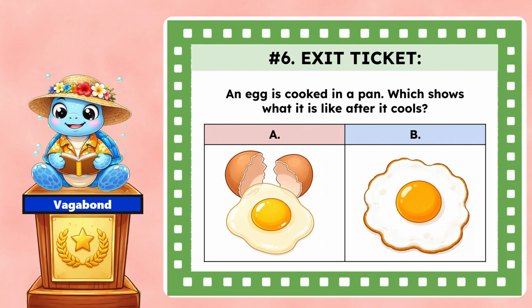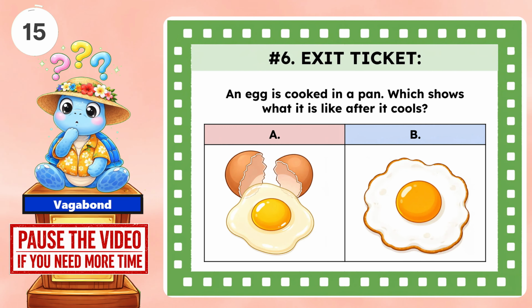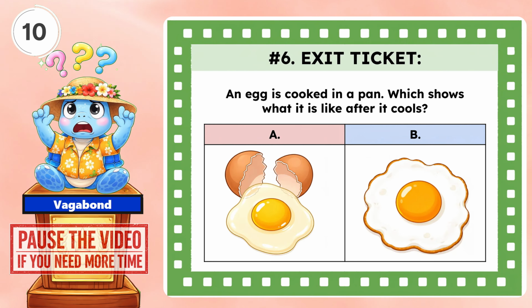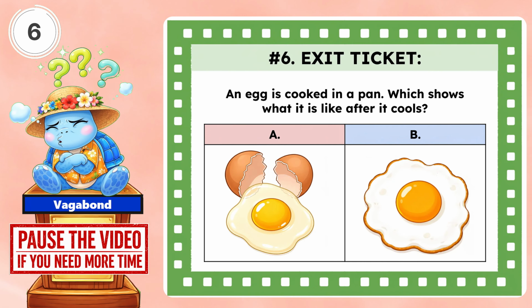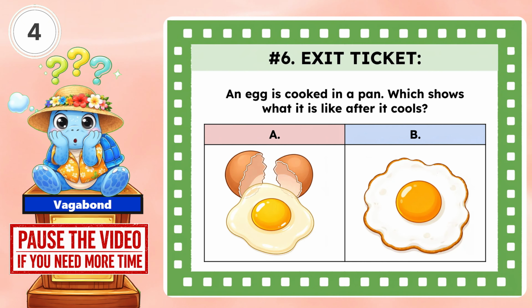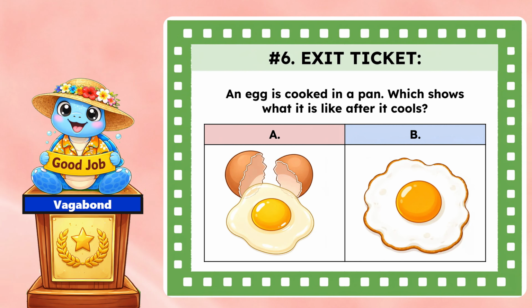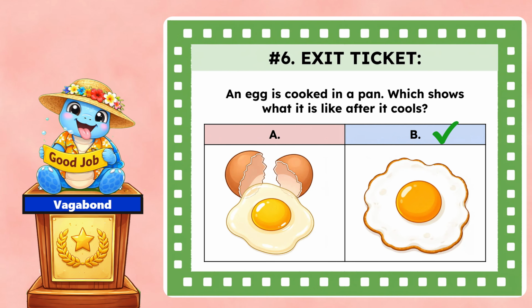An egg is cooked in a pan, which shows what it is like after it cools. And the correct answer is letter B, cooked egg.